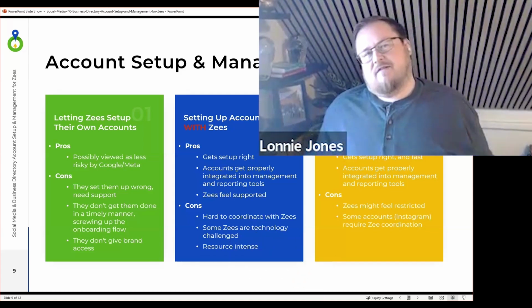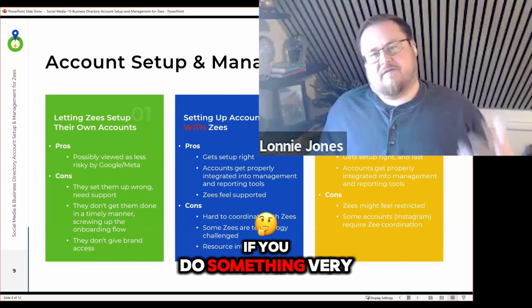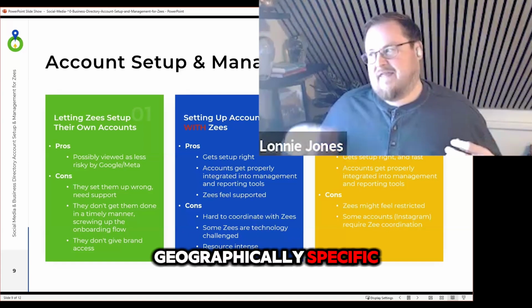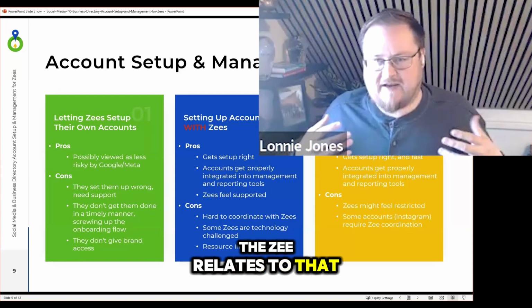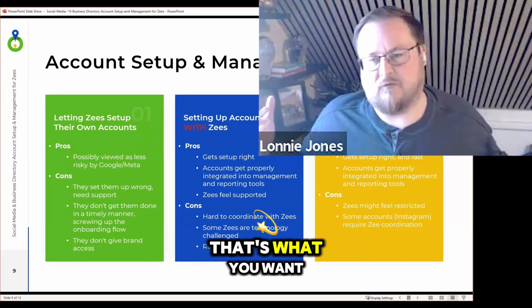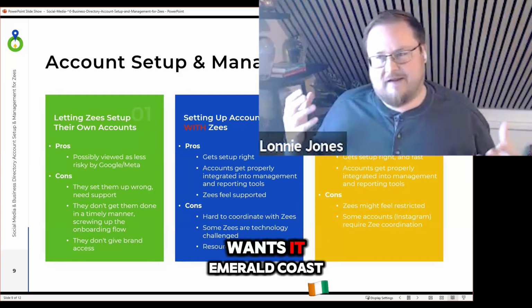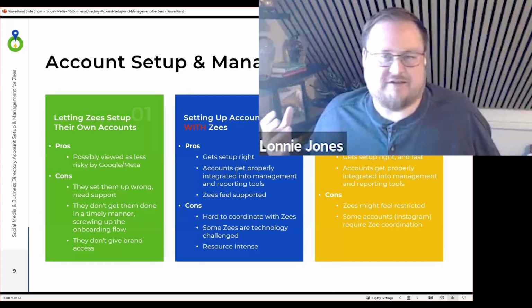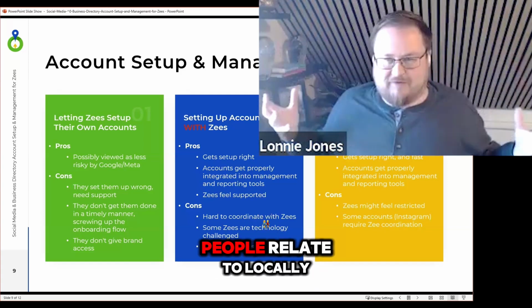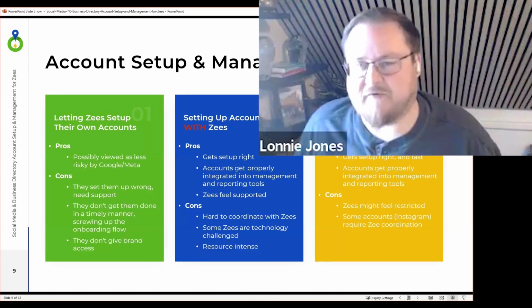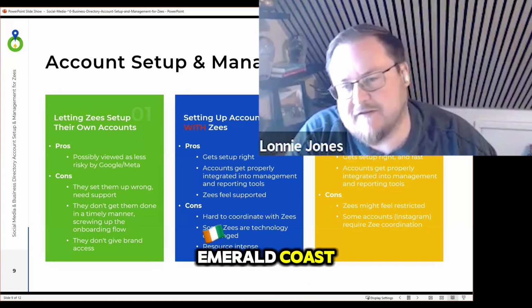The benefit is if you do something very geographically specific and that customer of the Z relates to that and it makes them want to work at that Z, that's what you want. So if the Z wants it Emerald Coast, which is something I've actually heard, but it's not officially a name, but something people relate to locally, by all means, call it Emerald Coast.